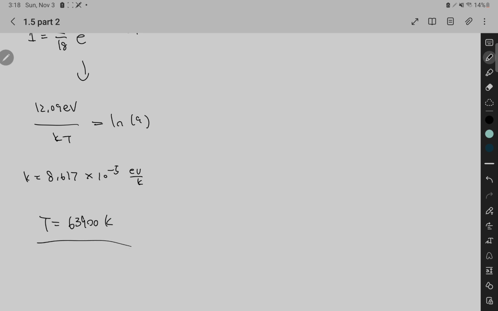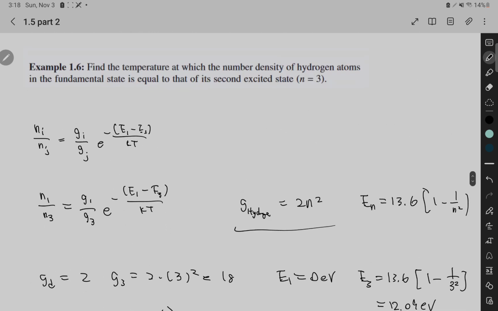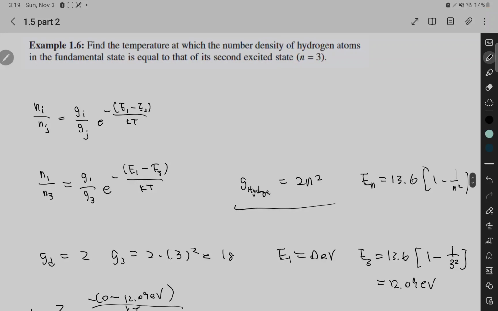So this is the temperature you would need in order for the number density of hydrogen atoms in the fundamental state to equal that of its second excited state, which is n equals 3. So what this question is essentially calculating is, using the Boltzmann equation, the temperature needed for the number of fundamental state atoms to be the same as the n equals 3 state.